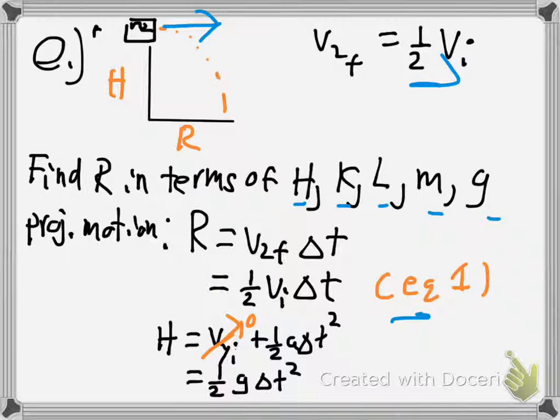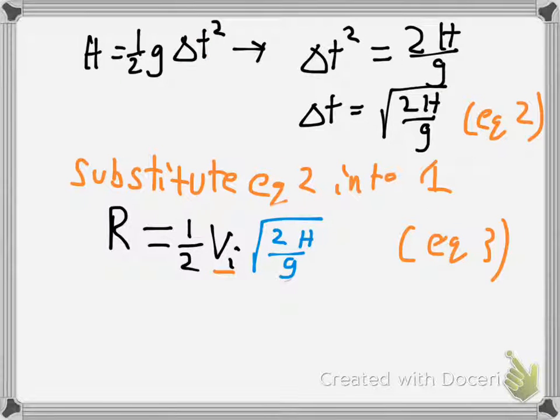We're going to come back to here. Now we also know from kinematics that the height of a projectile is the initial velocity times t plus 1/2 acceleration times t squared. Well, the initial velocity is 0, so we simplify this to 1/2 g t squared. So this will come in handy later as well.